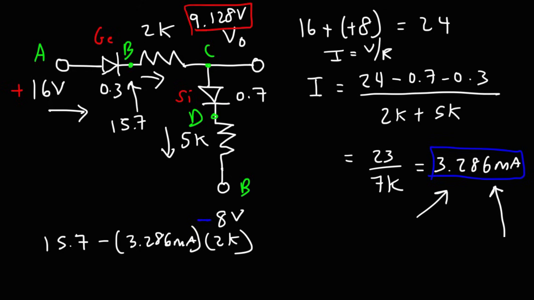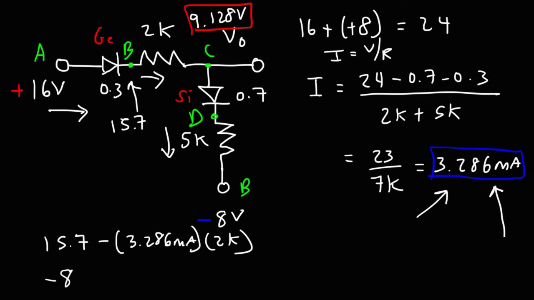So that's one way in which you can get the answer. The other way is going up this way. Let's calculate the potential at D starting from the negative 8 point. The potential at D is higher because the current is flowing from D to this point. Conventional current will always flow from high potential to low potential.